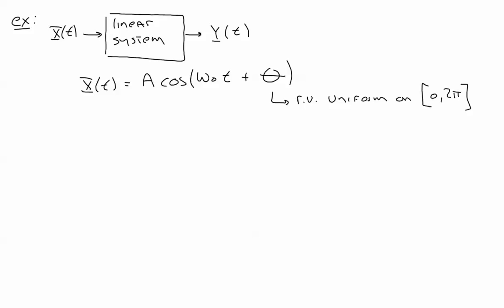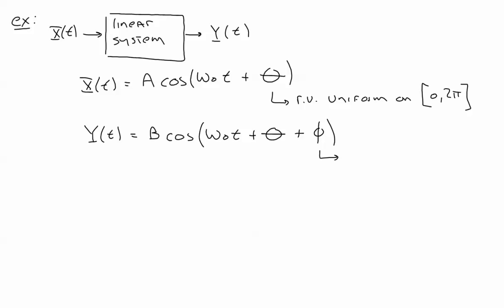So my output random process will be some new amplitude B, cosine omega naught t plus capital theta, my random variable, plus some fixed delay.